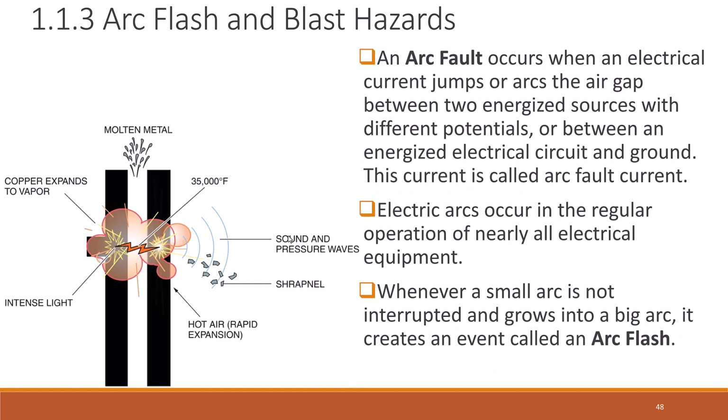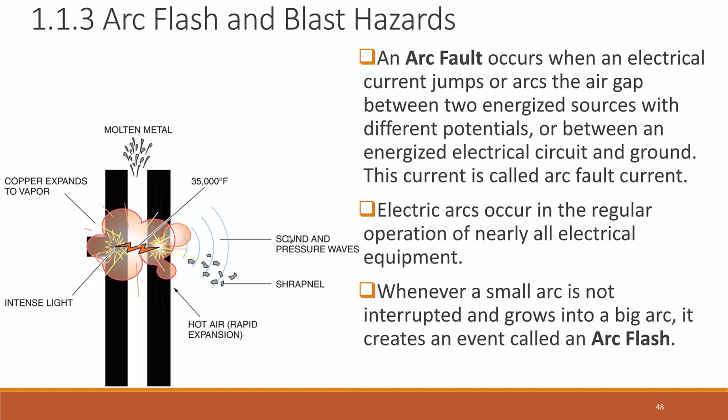So it can be a serious thing. An arc fault occurs when electrical current jumps or arcs the air gap between two energized sources. So then you're usually talking about a high amount of energy for that to happen. And sometimes it's happening because something else is not conducting as well as it should, so it's looking for another way to conduct. Electricity will find its easiest path, whatever that might be. When you think about a lightning strike, the lightning tries to find the place that makes sense.